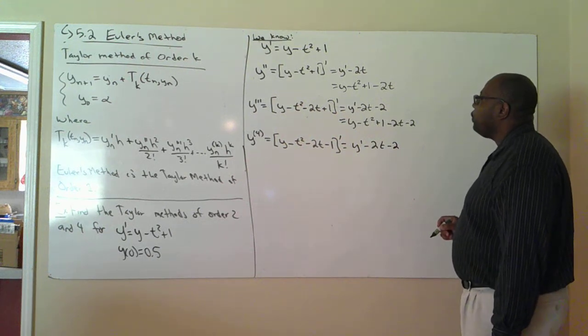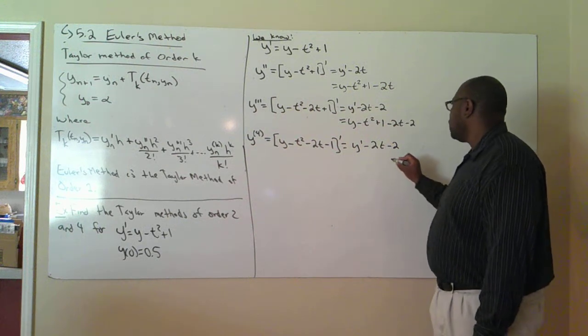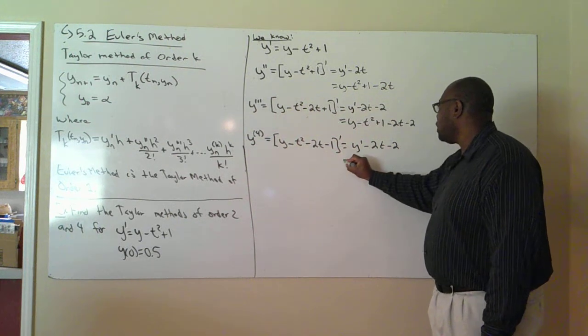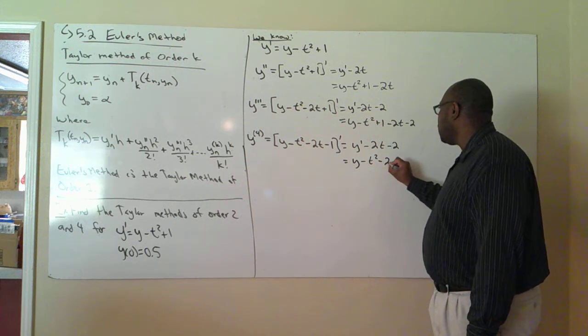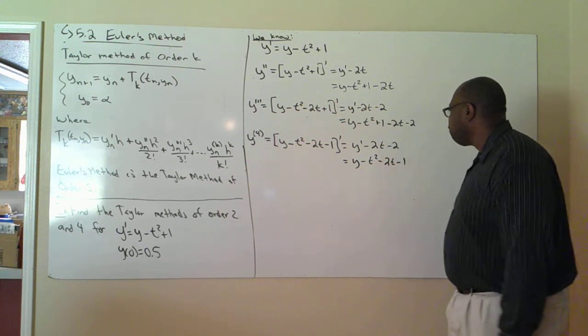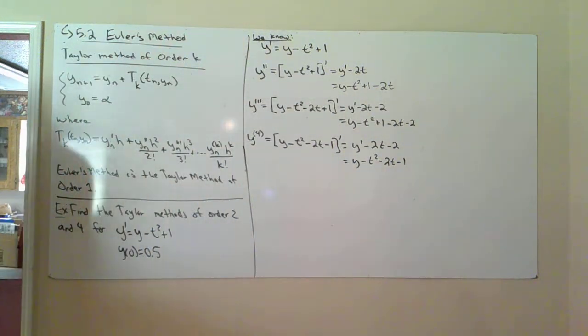And when I plug that in, I get the same thing I got up here, right? This is going to be y minus t squared minus 2t minus 1. Okay. So that is our first, second, third, and fourth derivative.